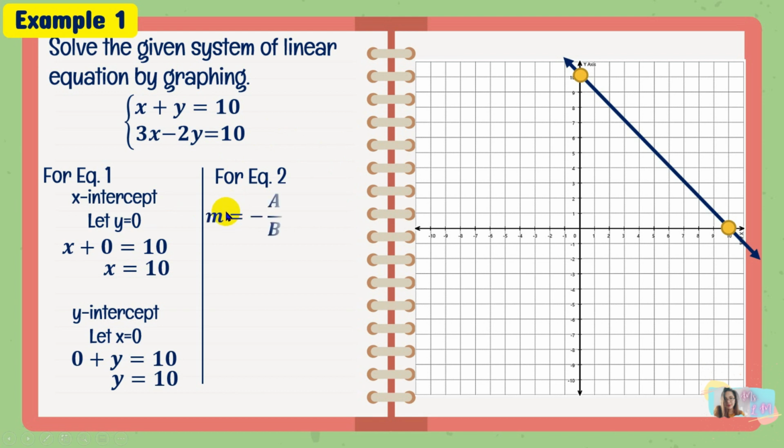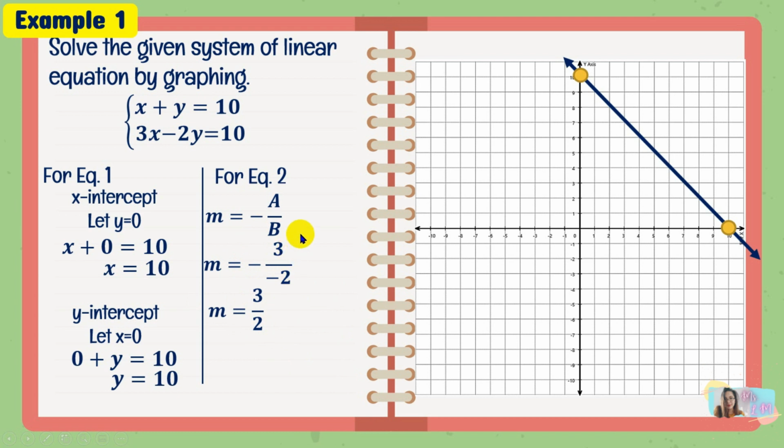To do that, we can use the short method. We have negative of a over b. Our a is the numerical coefficient of x and b is the numerical coefficient of y. So, we have here positive 3 and negative 2. Meron tayong negative 3 over 2 and may negative pa rin po talaga tayo dito sa unahan. So, negative of negative 3 over 2, that is positive 3 over 2. So, 3 will be our rise and then 2 will be our run.